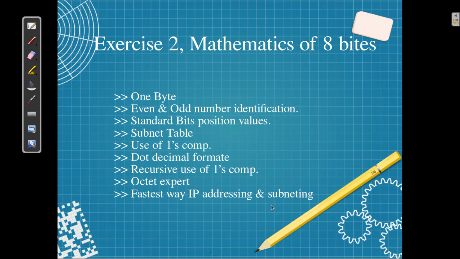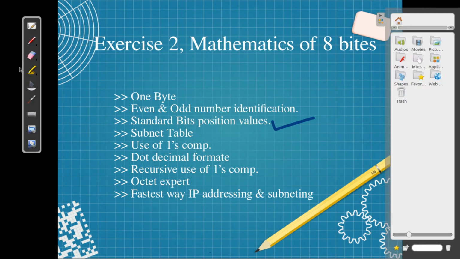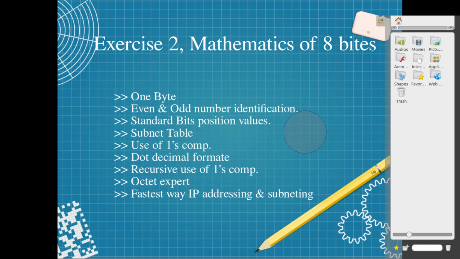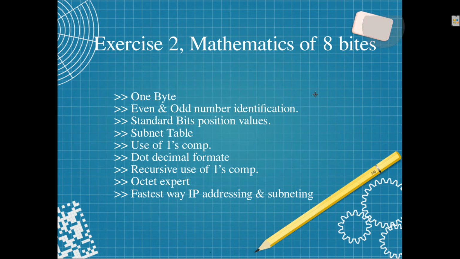I'm going to move next. So we saw the standard bit value, and we came to the subnet table. We have done the calculation. Once complement, we saw dot decimal format.